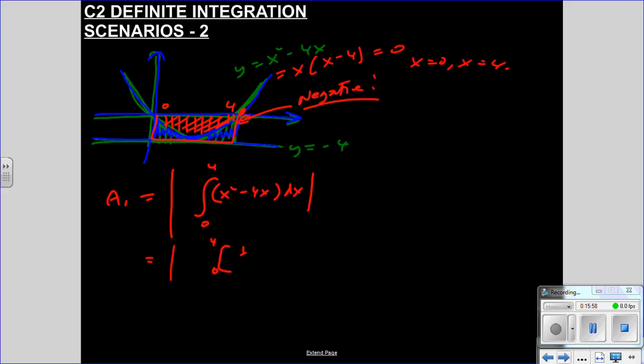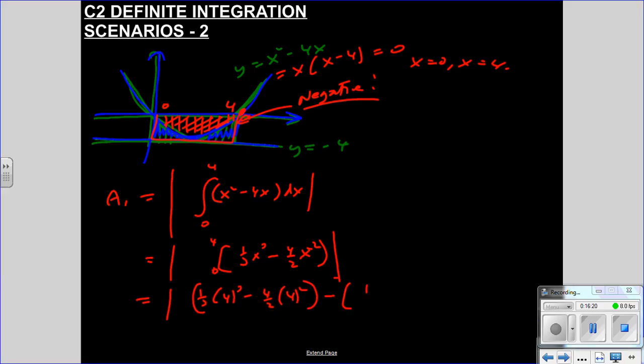I have integrated it, so a third x cubed, plus 1 to the power divided by a new power, that leaves me, whoops, that should be a mod, with the modulus of 4 going into these limits. So a third of 4 cubed minus 4 over 2, 4 squared, minus, and now whack in your 0, 4 to 0 squared, and all modded.